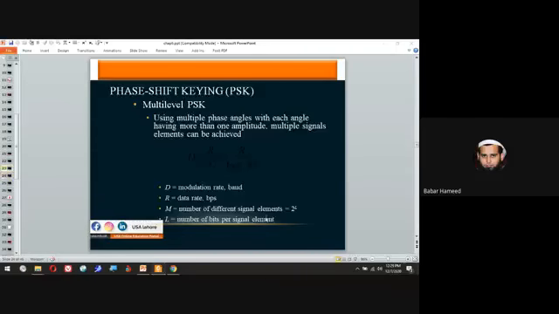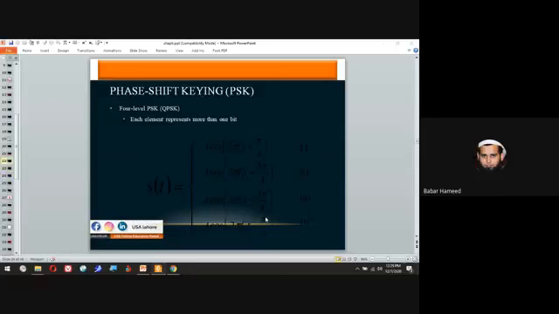Basically, you have to put 1 by 2 with the same formula. For BPSK, s of t is equal to A cos of 2 pi fct, as you can see in the formula.